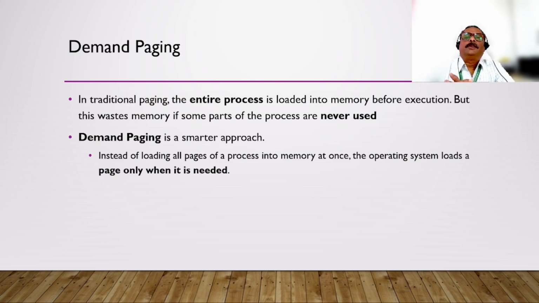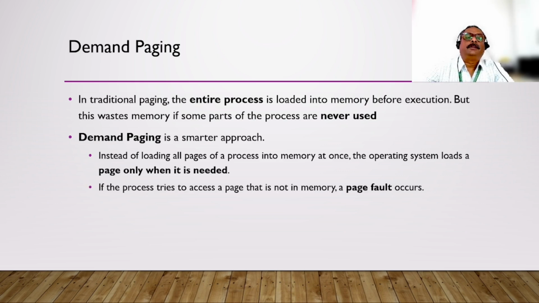With this, we don't need the entire space to store the program on the main memory. A small space is sufficient. The pages that are currently in use alone are allocated memory, and the rest of them can be kept in the back end. That's the concept of demand paging.